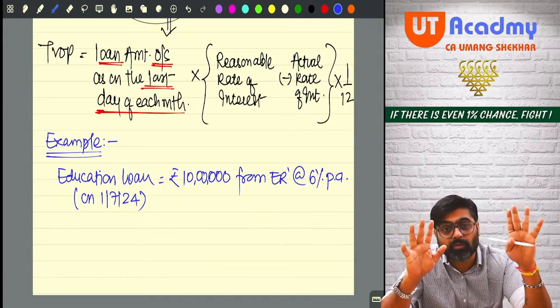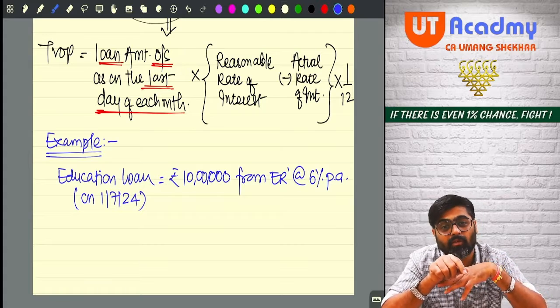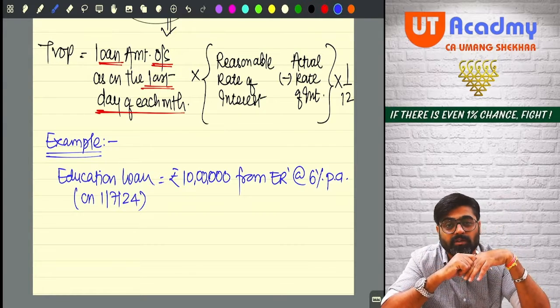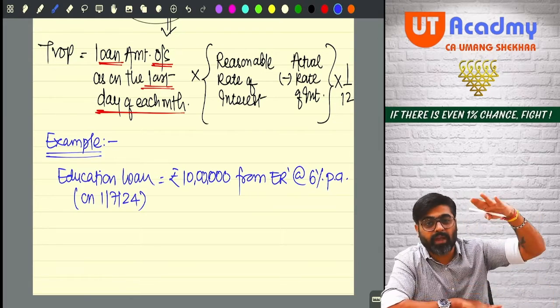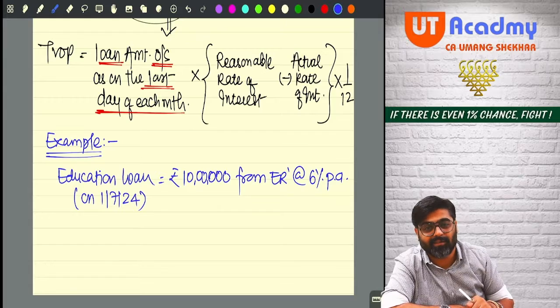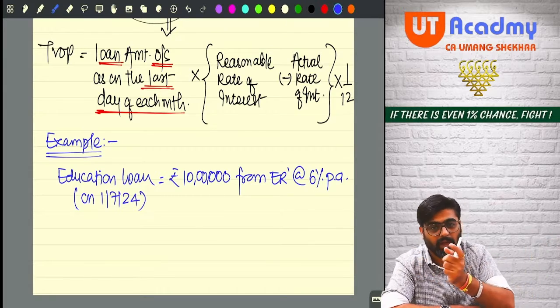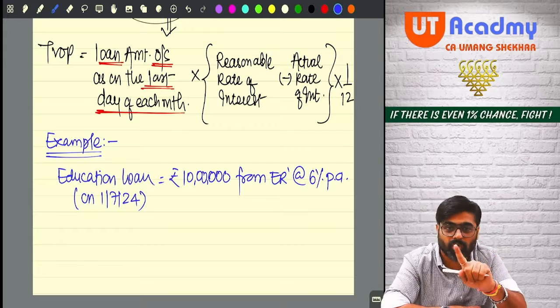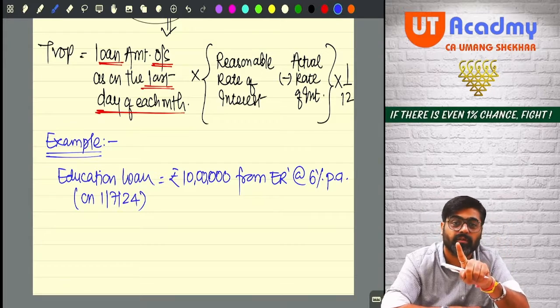But all the banks will not give you the same rate of interest. Every bank will give a different rate of interest. So which bank are we supposed to take as benchmark? Do one thing, take the rate for all the banks, add and take the average? No need to do that. Any one bank out of all these banks.